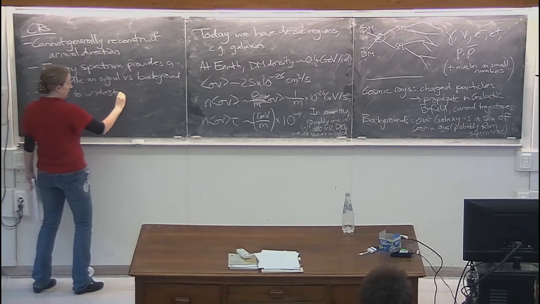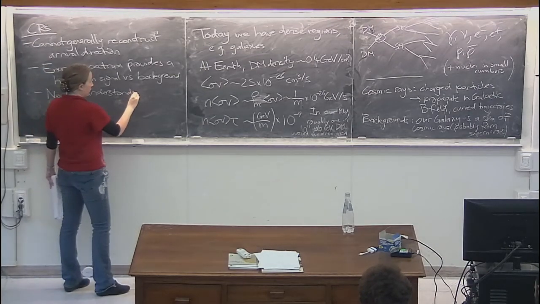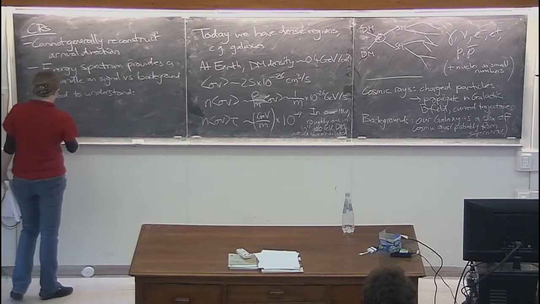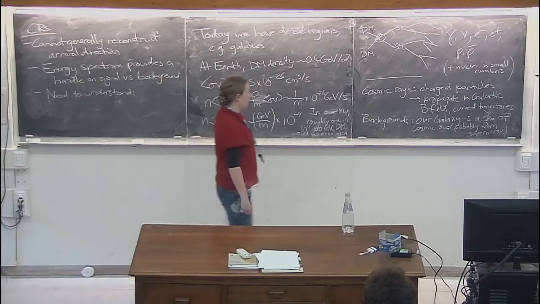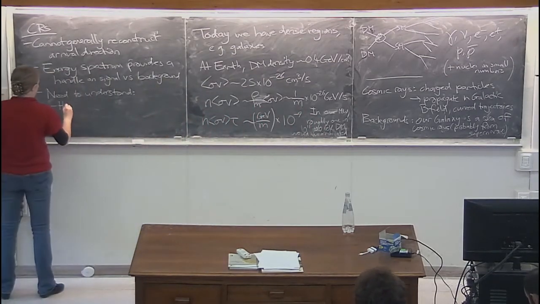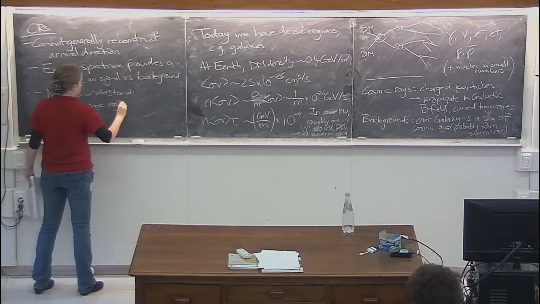So approximately, this is modeled as a diffusion problem, as the cosmic rays diffusing through turbulent magnetic fields and simultaneously losing their energy by radiating photons or by scattering ambient photons up to high energies. So you need to understand this for both the signal and background.